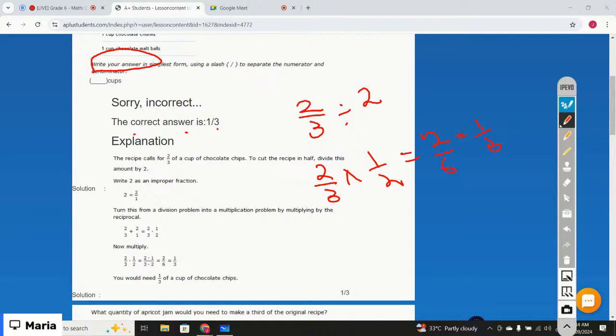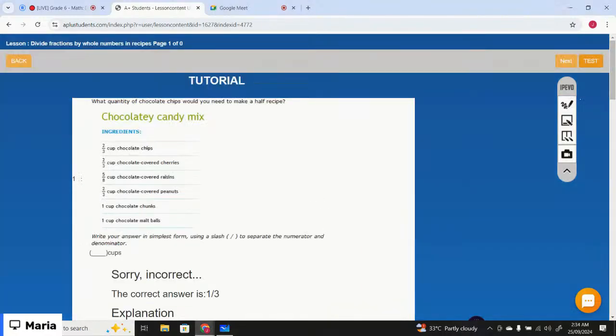The correct option is 1 over 3. Okay, let's just start with the test questions.